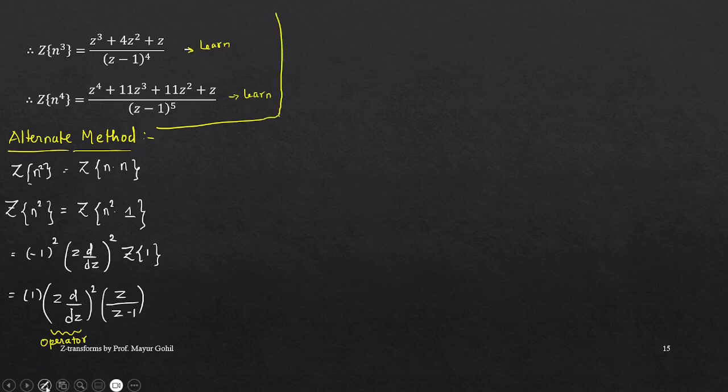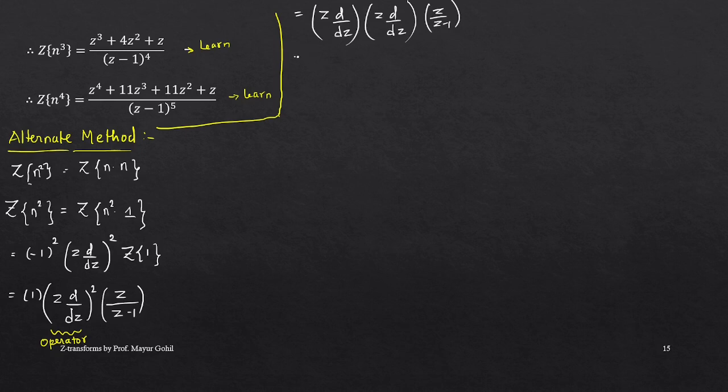So we consider this operator first. You can work this way. I am going to do the little bit advanced way to show you the technique of understanding the operator. You can opt for this way also: d by dz, z d by dz, because it is the square that will operate over z over z minus 1, and then you actually do this method.